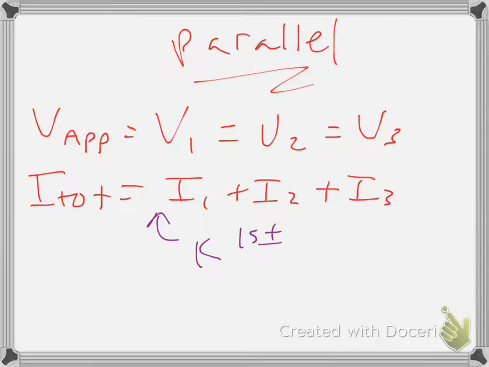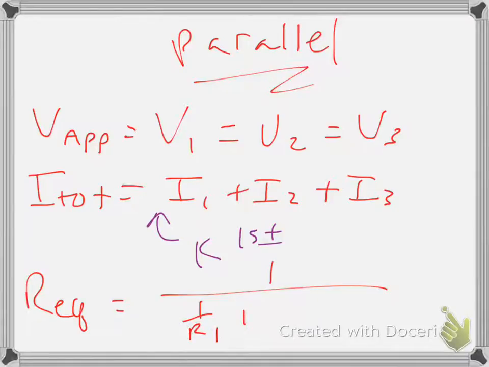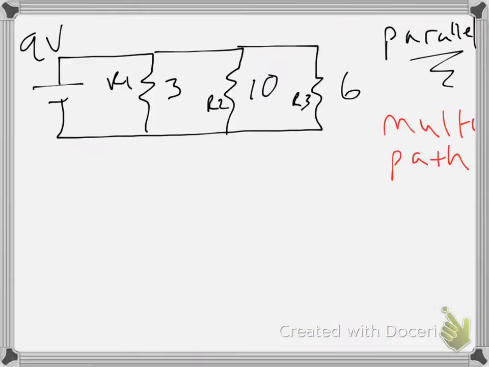Here's where parallel gets a little different. Equivalent resistance is equal to the inverse of the reciprocals of all of the resistors added together. And here's how we would calculate that.